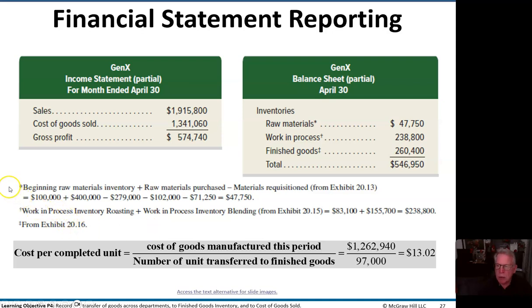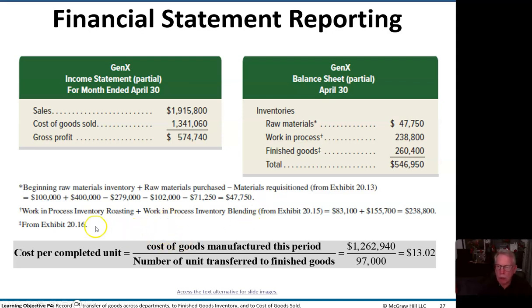And as this little asterisk indicates for raw materials here, we're taking the beginning raw materials inventory, we're adding the raw materials purchased, we're subtracting the materials requisitioned into work in process, and that leaves us with the $47,750.